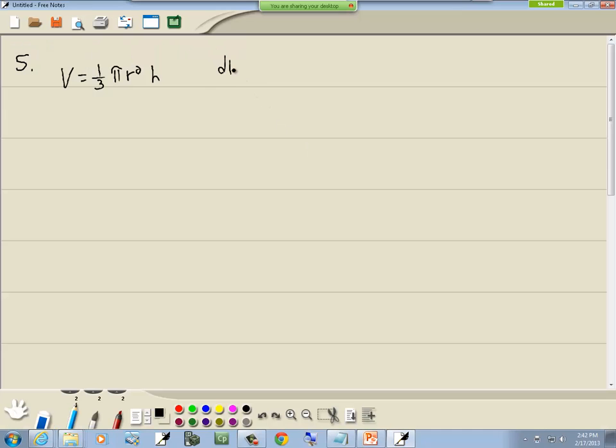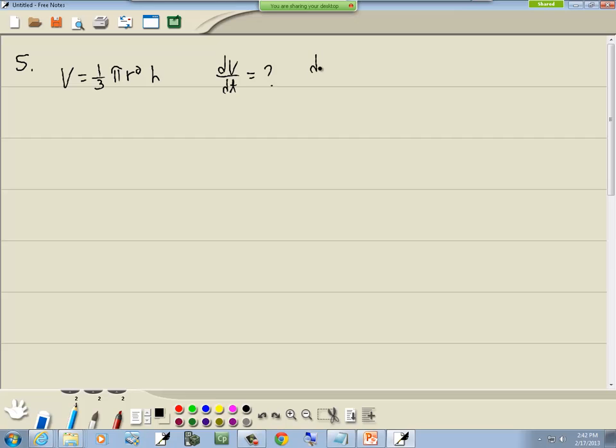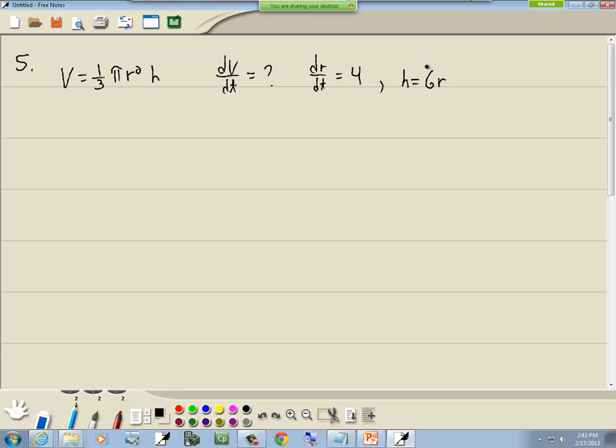So they want to know dV dt, if dr dt is equal to 4, and h is equal to 6r. Well, to begin with, they're telling us h is 6r, so I can go ahead and plug that in. If we plug that in to begin with, it makes it easier.